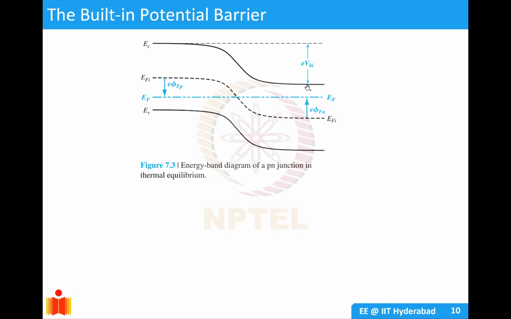So the bands of one of the regions shift in comparison to the other region to equate the Fermi level, and hence you have a curvature in the band near the junction. This change in the energy is called your E VBI, or the built-in potential energy.